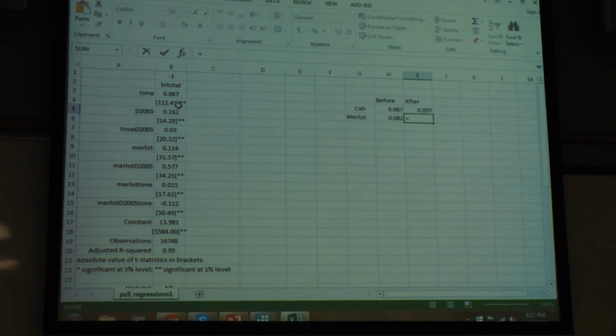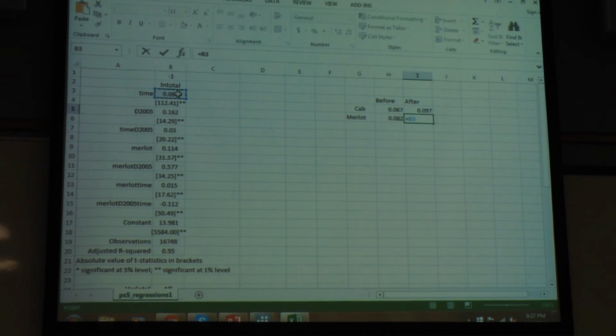So it's going to be that coefficient of time, plus Merlot times growth rate before, plus time after, plus time after Merlot.